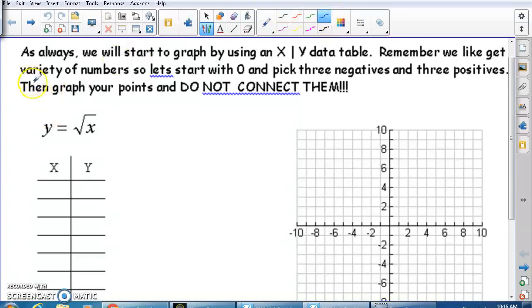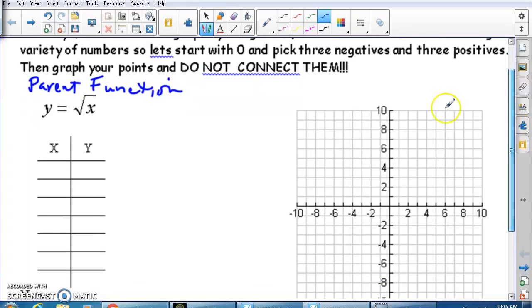And so here we have the parent function for square roots. Y equals the square root of x. If we complete a data table with the values that I am putting in, we found when we were doing the family of functions that you cannot take the square root of a negative, so there will be no values for y where these values of x.